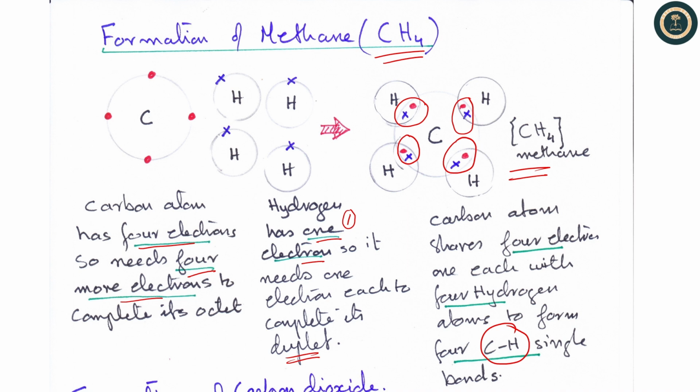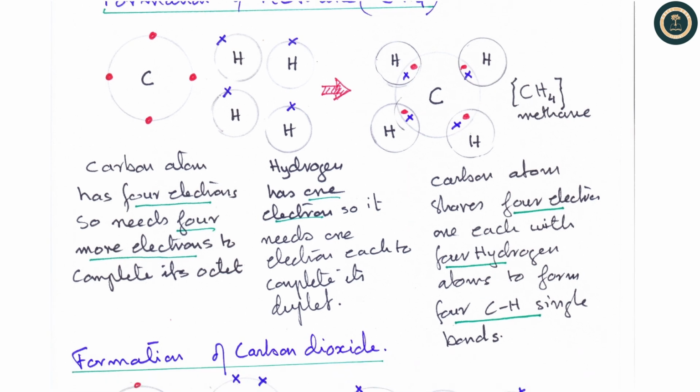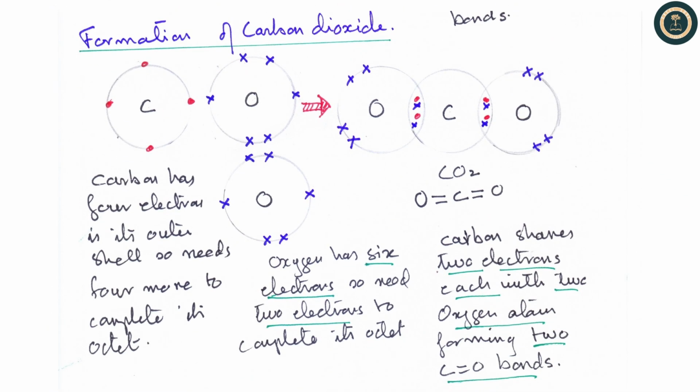Now, we come to the formation of carbon dioxide. This is another example, for double bonds. You can see one carbon and 2 oxygens I have drawn. Carbon has 4 electrons in its outer shell, so it needs 4 more to complete its octet. Oxygen has 6 electrons, so it needs 2 electrons to complete its octet.